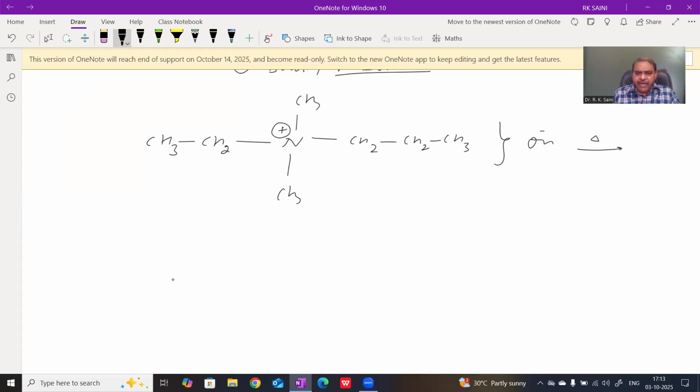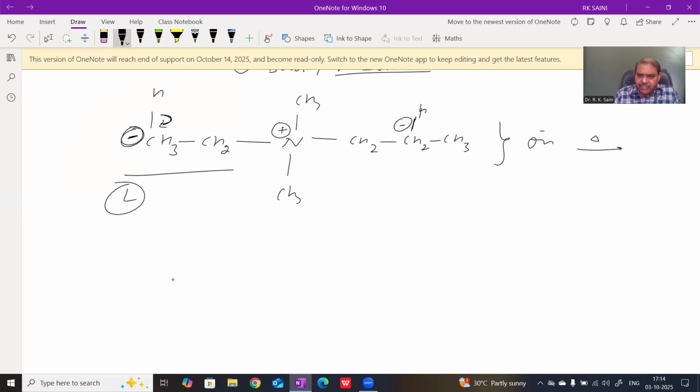On heating, it eliminates tertiary amine and changes into alkene. The alpha carbon contains nitrogen. Suppose on the left-hand side, first we consider the left side group. After removal of H plus ion, this group carries partial negative charge, or incipient carbanionic character, and this carbanion is secondary type.